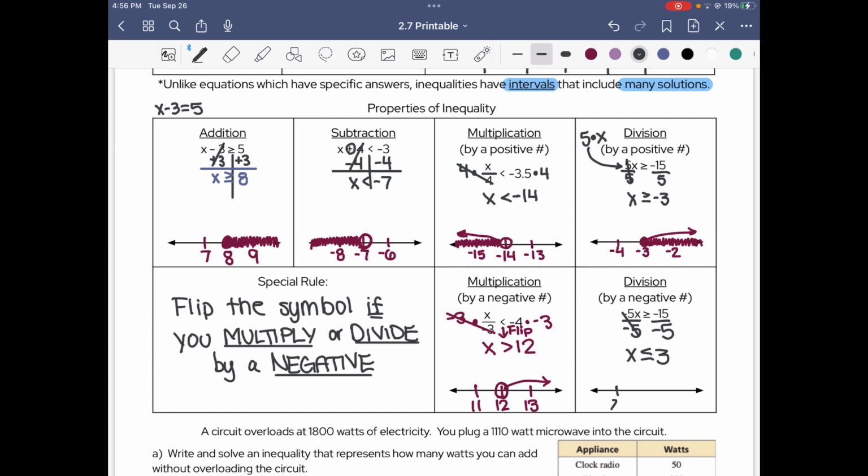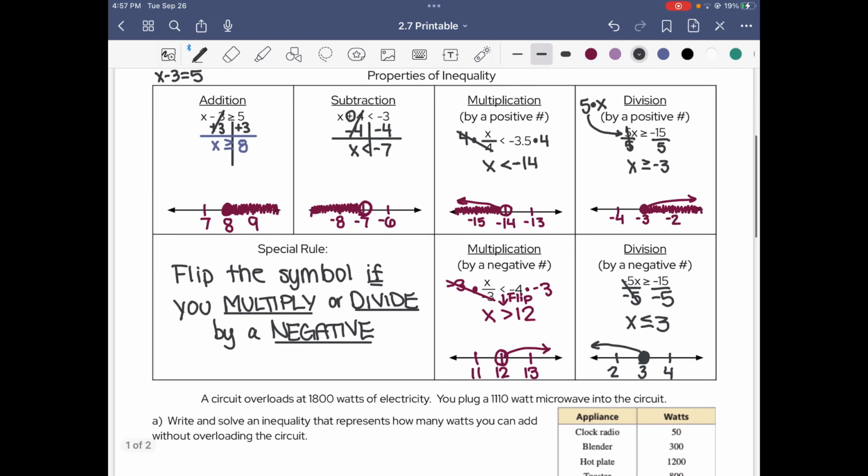So 2, 3, 4. Closed circle because it's or equal to. And it's now less than, so it's going to go to the left. So 2, 1, 0, negative 1, negative 2 are all solutions.